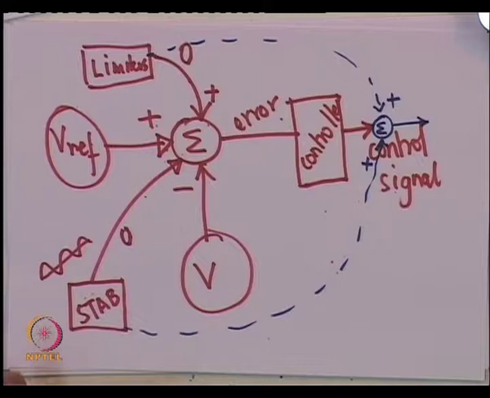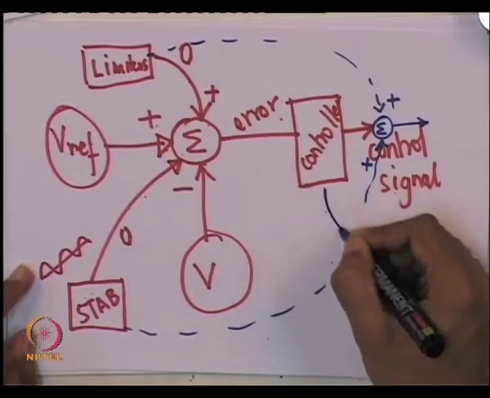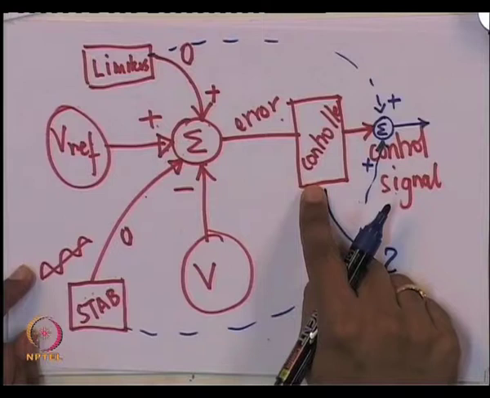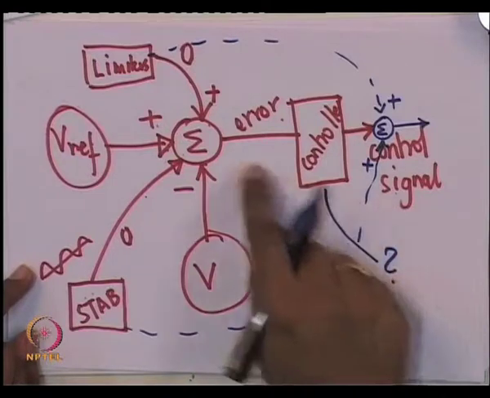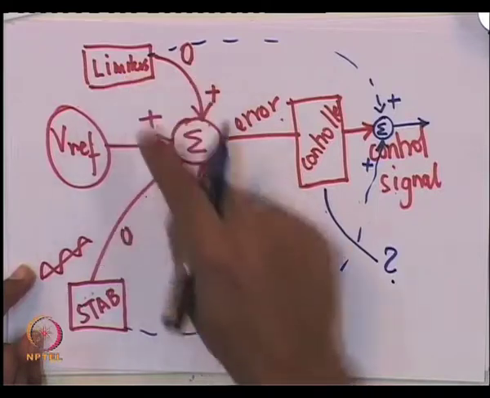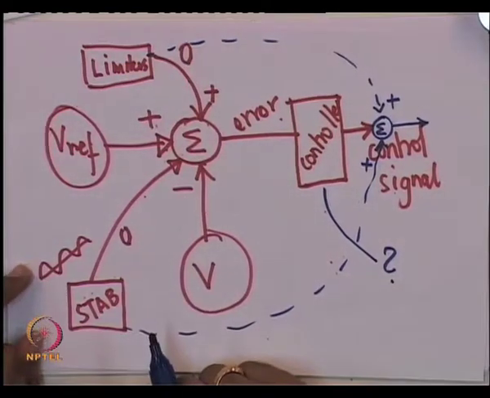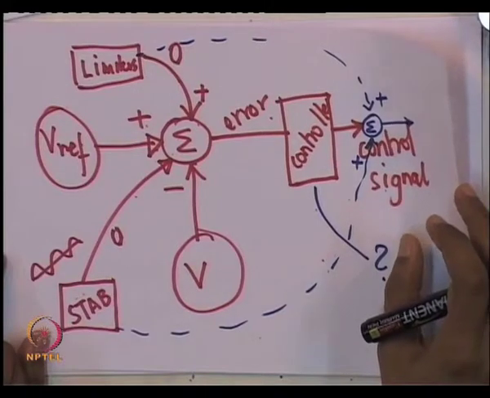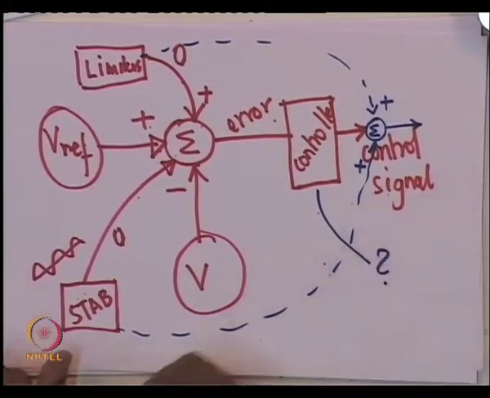Now, the main important point here is what is the structure or mathematical function typically used in the controller block which is shown here, and also what are the mathematical functions used to implement these limiters and stabilizers. Okay. Now, to understand this, we will actually have to understand what are known as transfer function blocks.